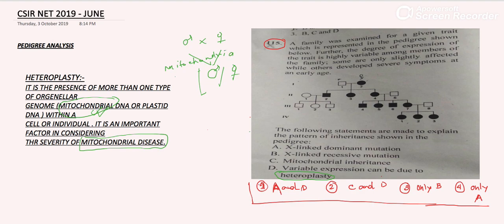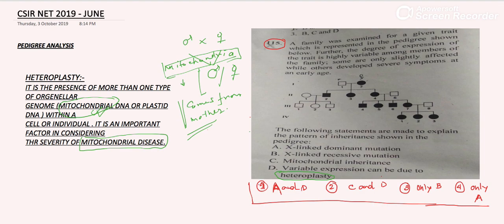We have to know that, because the sperm does not contribute mitochondria after fertilization, during the entry of the sperm into the ovum. So the mitochondria come from the mother.